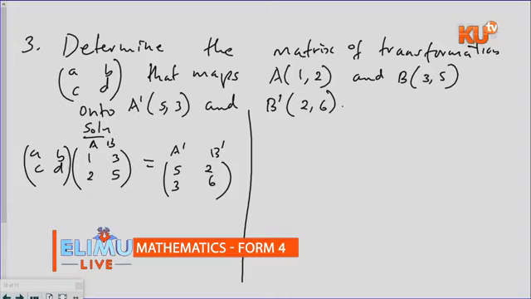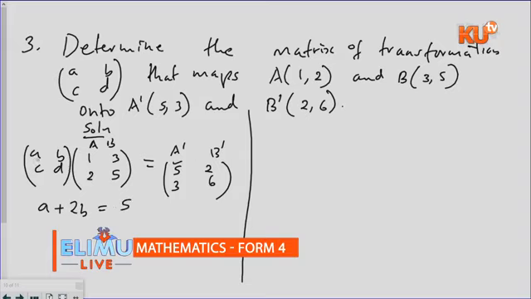So we are going to obtain a pair of simultaneous linear equations. How will that happen? We multiply a by 1, that gives a, plus b by 2, 2b, and that should be equal to 5.